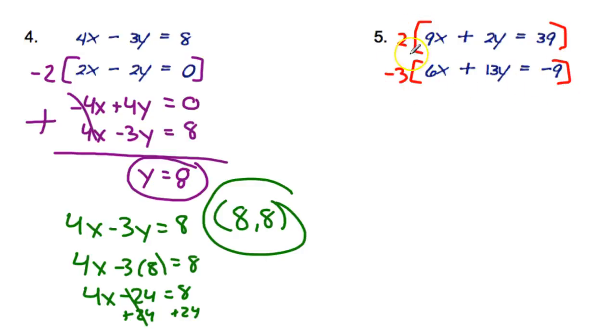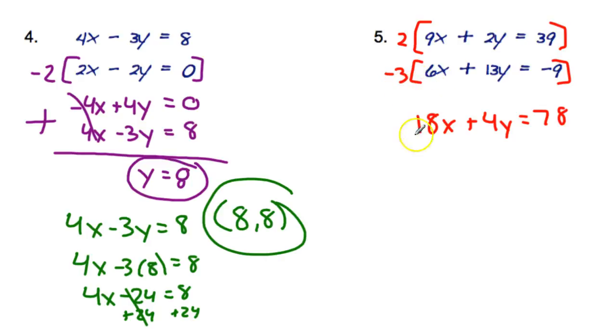Alright, so let me write these out. 2 times 9x, that is 18x. 2 times 2y, that is 4y. And 2 times 39, that will be 78. All right, so the first one we just did. Now let's do the second one.